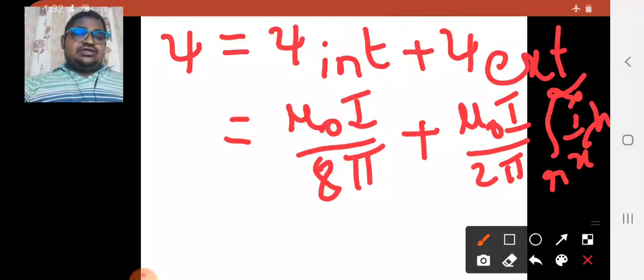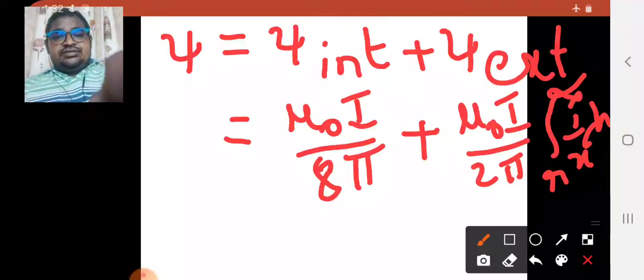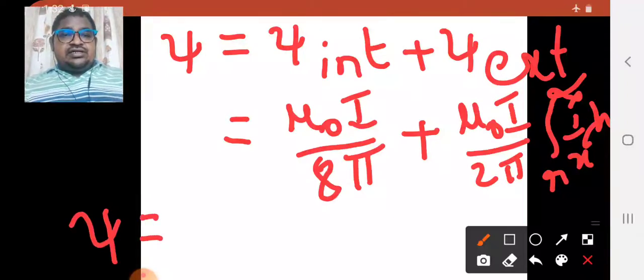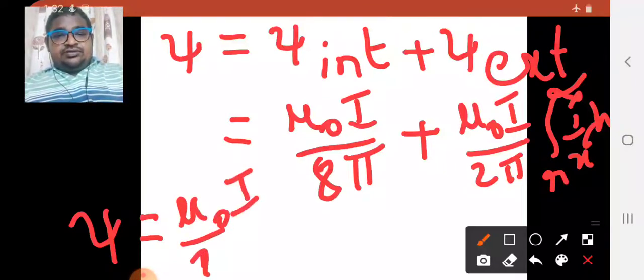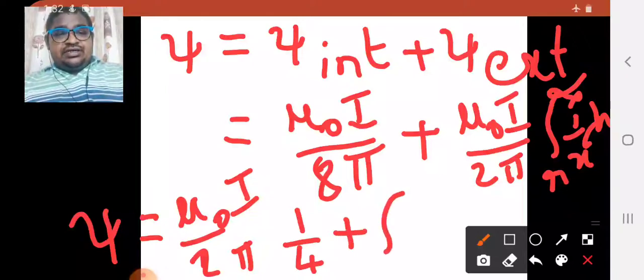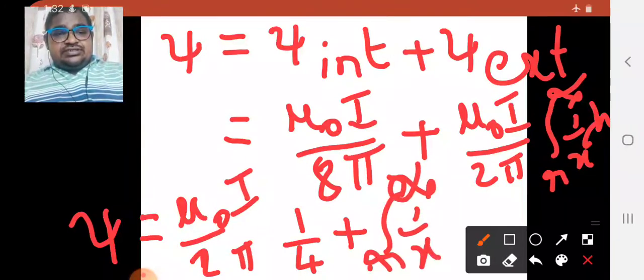Now in this formula, let us take mu naught I by 2 pi common. Then psi, that is the flux linkage of the conductor, is equal to mu naught I by 2 pi times the quantity 1 by 4 plus the integral from r to infinity of 1 by x dx.